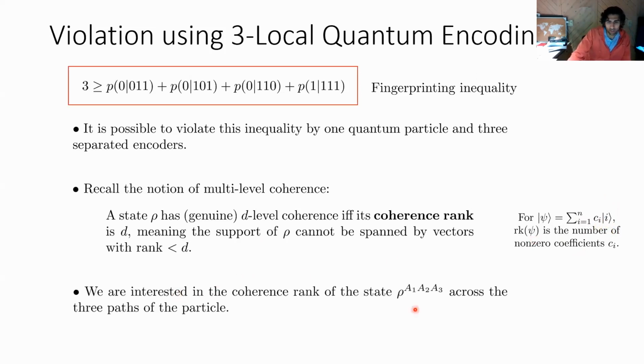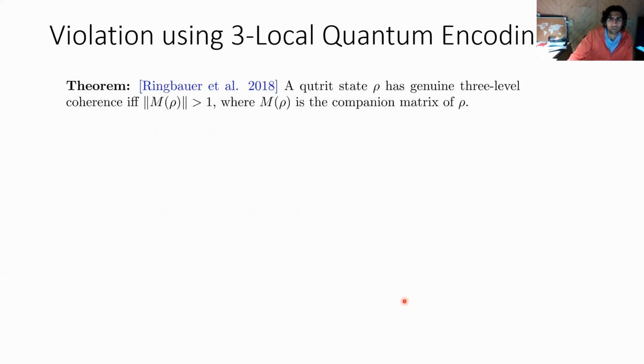Okay, so we have this rho across three paths, and we're interested in the coherence rank of this state rho. And some prior work by Martin Ringbauer and co-authors was quantifying the 3-level coherence of a qutrit state.